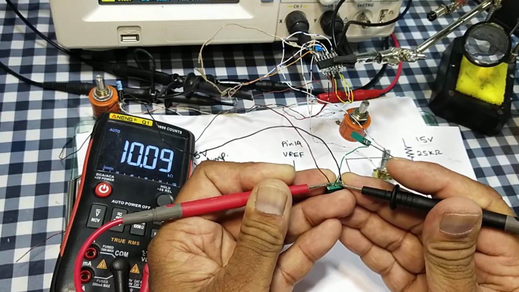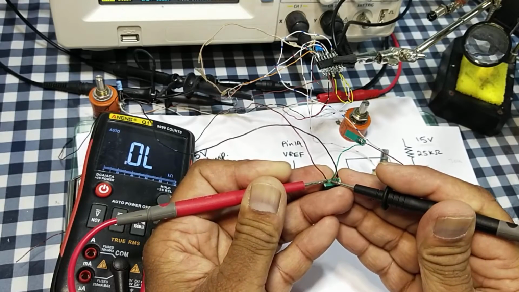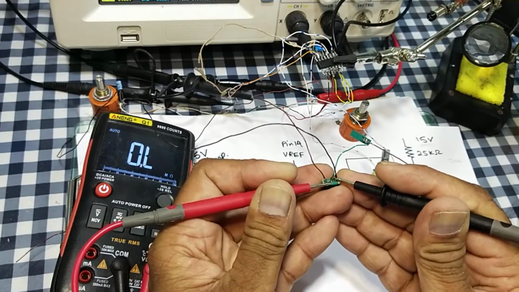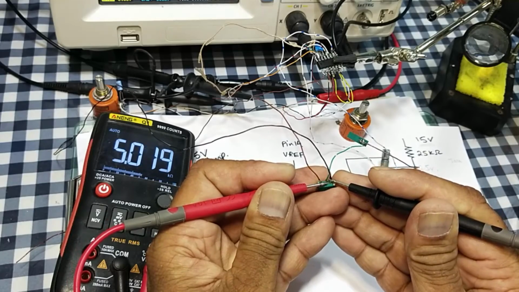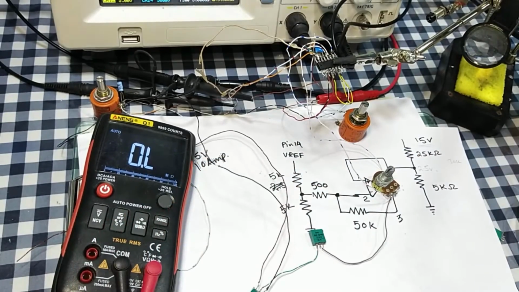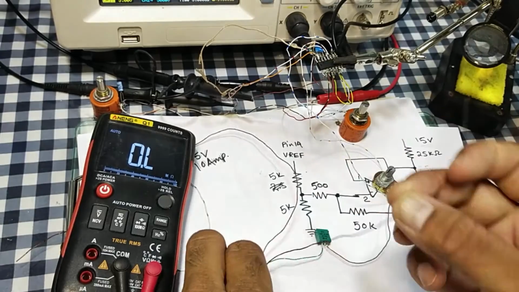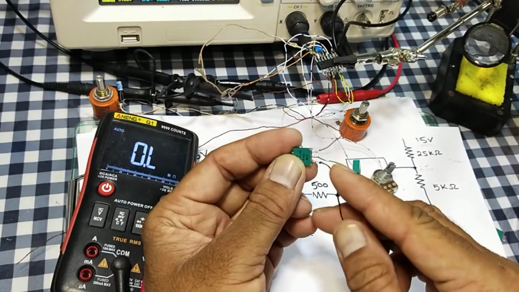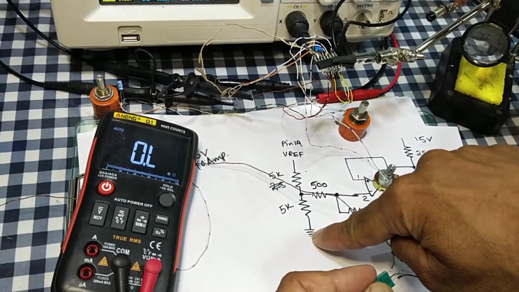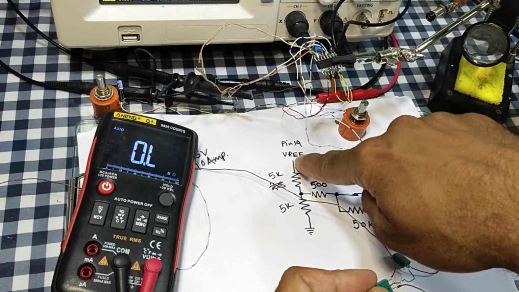It is a 10k potentiometer, but I divided it into two values, 5 kilo ohm and 5 kilo ohm. So the lower end will connect to ground, the upper end to V reference.